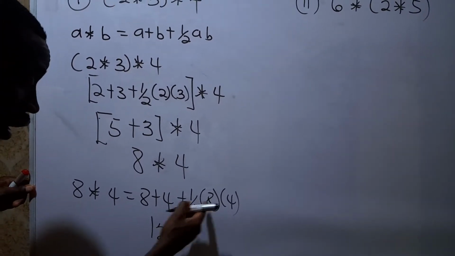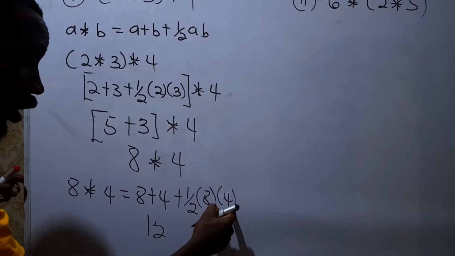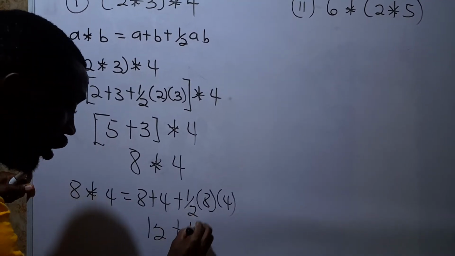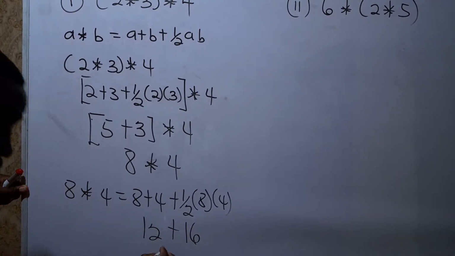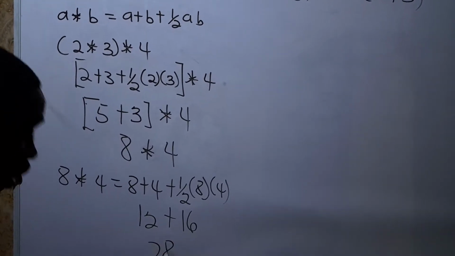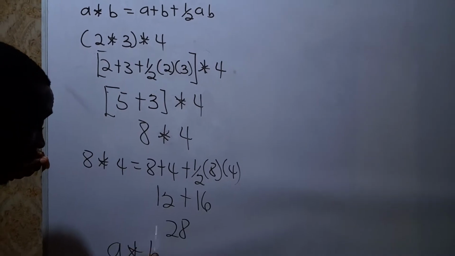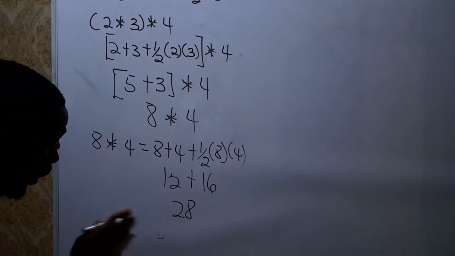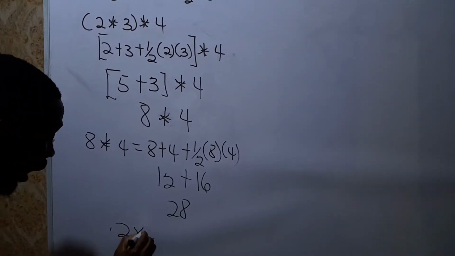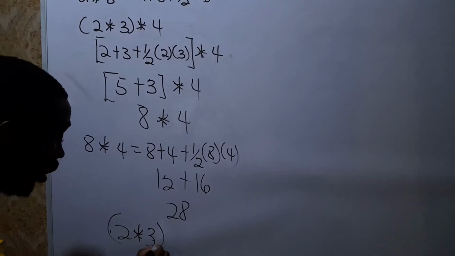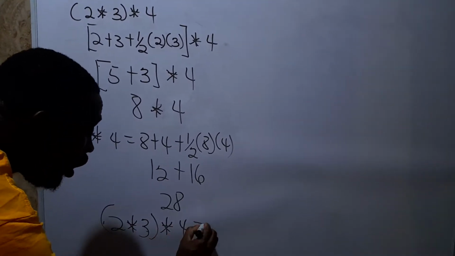Half times 8 is 4. 4 times 4 will be 16. 12 plus 16 will be 28. Then we can say 2 star 3 star 4 is equal to 28.